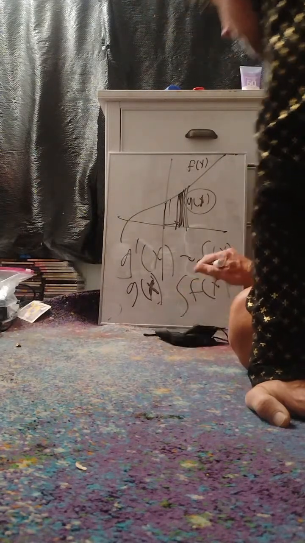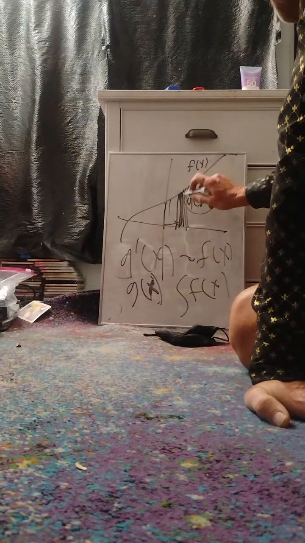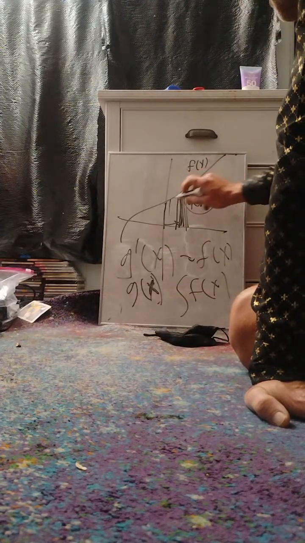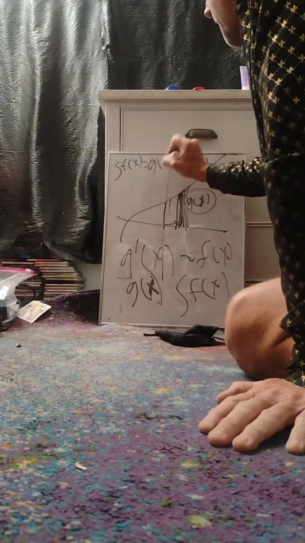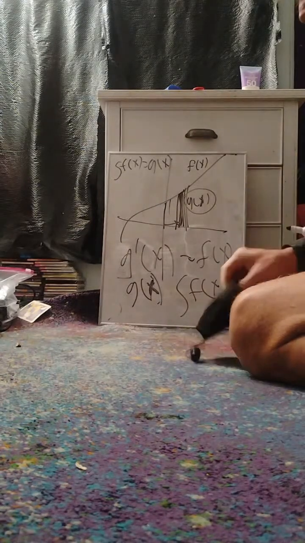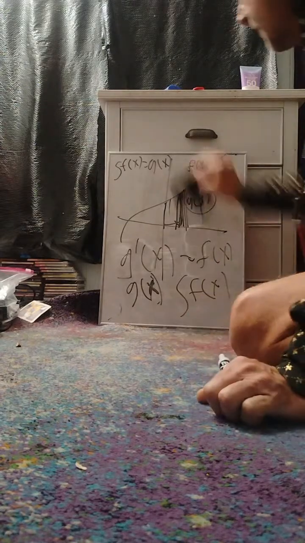So that means that the integral of f of x is g of x, where g of x is the area under the curve, and that's a brief introduction to differential and integral calculus.